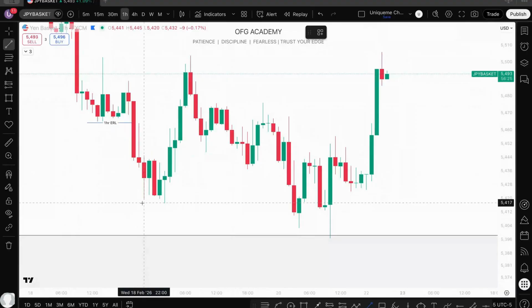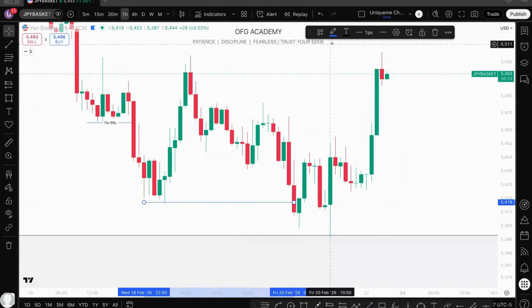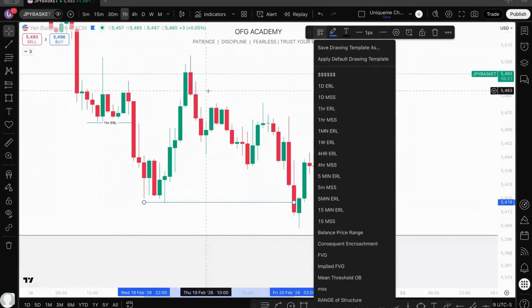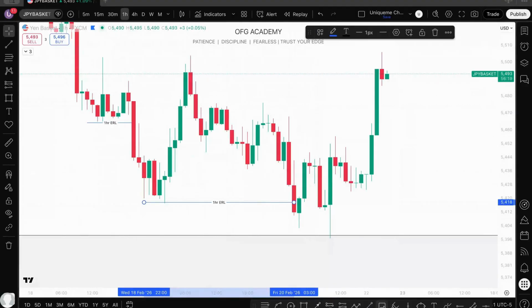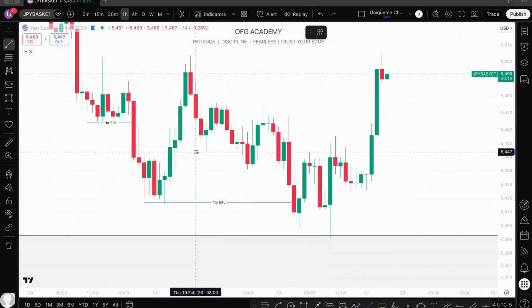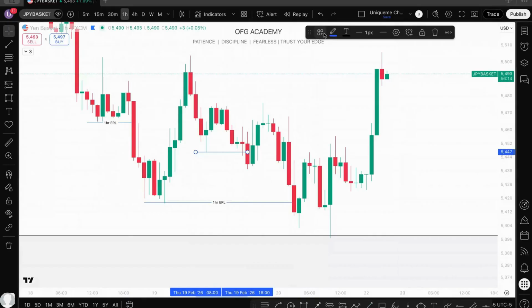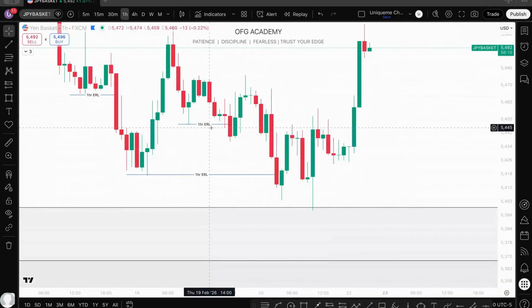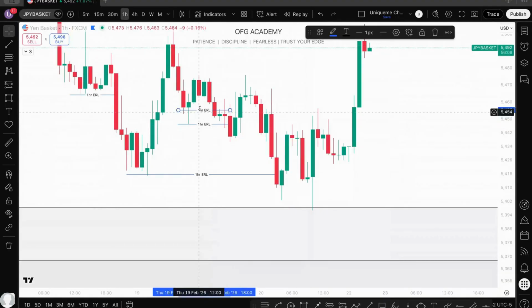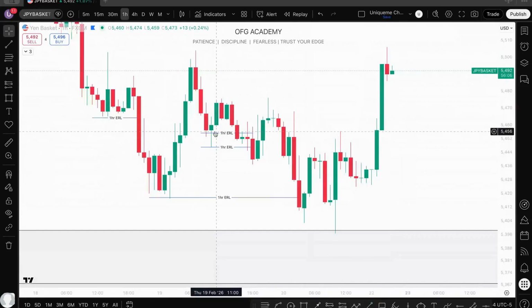I had another one here again. 1 hour structure. There was also a shift of market structure here too, of our mitigation block. This candle. And we had what? Break of structure here.